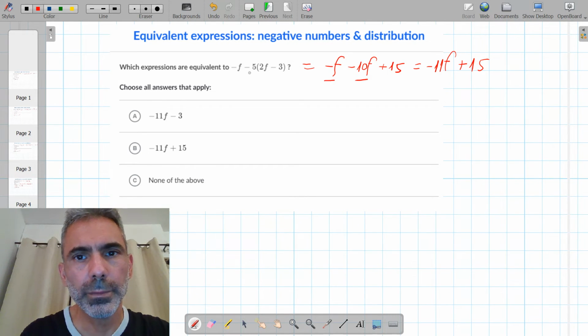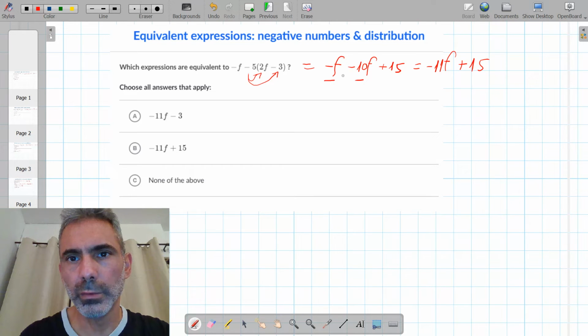Minus f, okay, minus 5 times 2f is minus 10f, and minus 5 times minus 3 is plus 15. And then a negative and a negative, we add the two, so we have a total. This is like minus 1f.